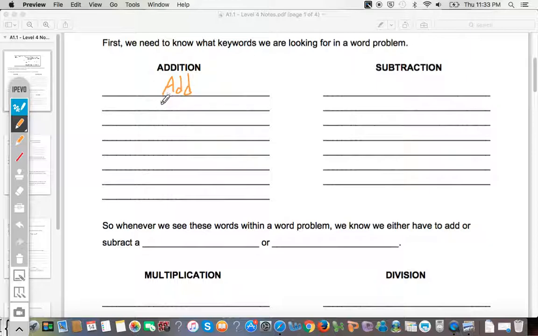Add, sum, increased by, together, more, and, plus, and combined.